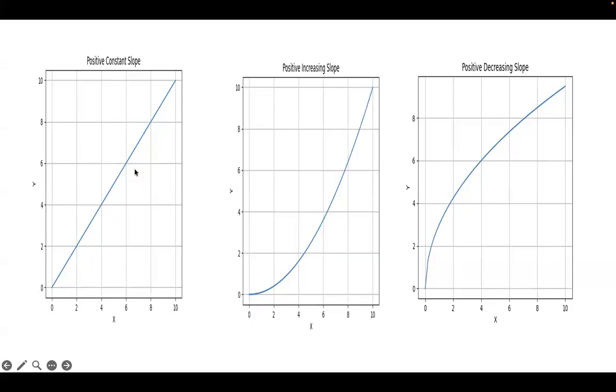So when you see a graph with this kind of slope, it means you have a constant slope. Then a relationship having an increasing slope, we term it as a positive increasing slope. And a relationship that has a decreasing slope, you can also term as a positive decreasing slope.